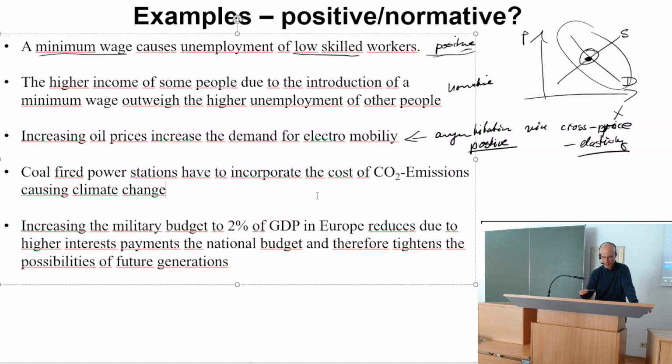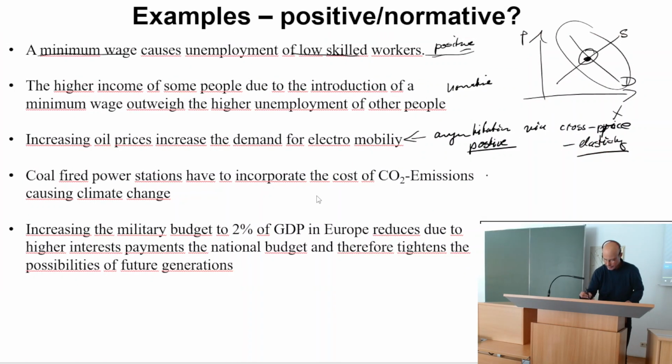Normative, yes. Because why? Yeah, because we are then talking about whether we want to have this climate change or not. Well, there are some people who say, well, it doesn't bother me, anyhow I'm going on driving and firing coal and gas and so on.